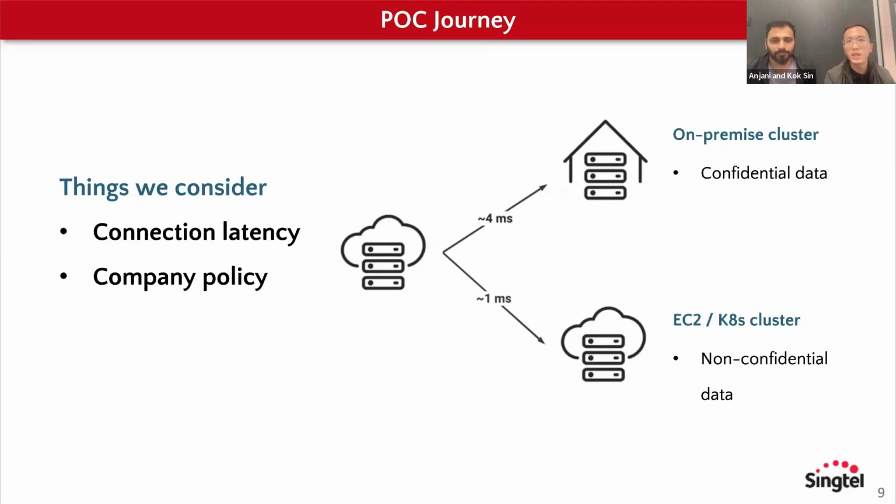Since our applications are deployed in cloud, we noticed that there is a minimum latency when we connect to on-prem cluster. Also, as part of the company policy, we are only allowed to store confidential data on-prem. So right now, we are going with on-premise cluster. In the future, we also plan to have an EC2 cluster to cater for all the other applications that don't store any confidential data.